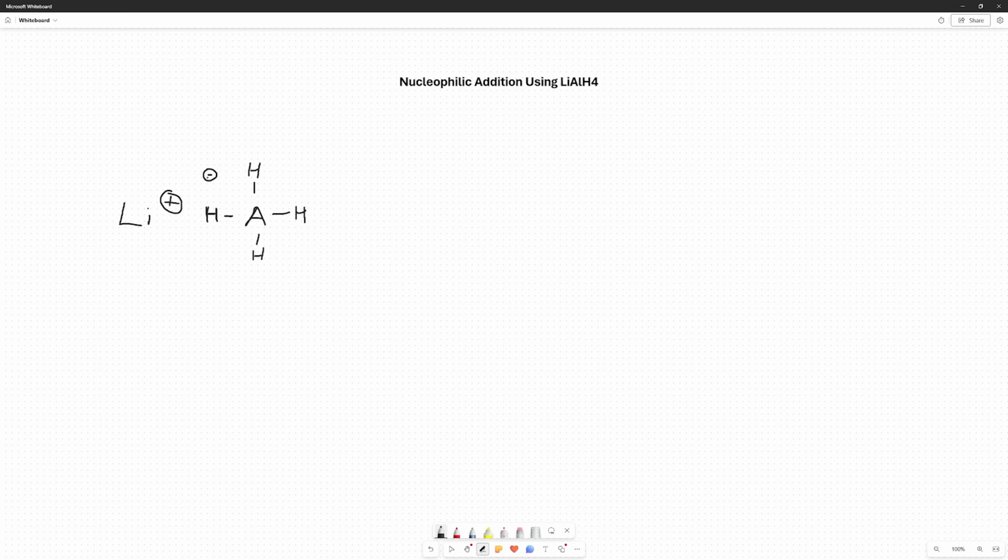And now these are not directly bonded, but it's going to be an ionic or charge bond between the two. So lithium aluminium hydride is used as a reducing agent. It's a very strong reducing agent.